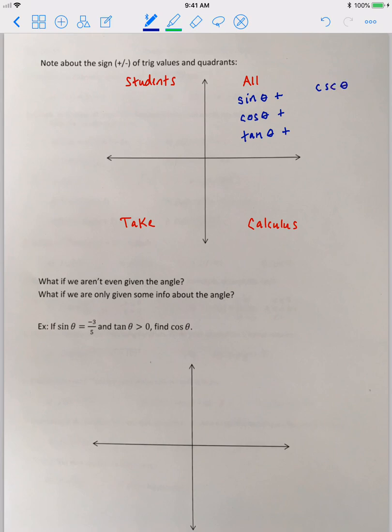Cosecant of theta is positive, secant of theta is positive, and cotangent of theta would have to be positive.